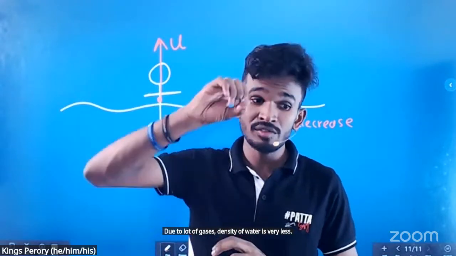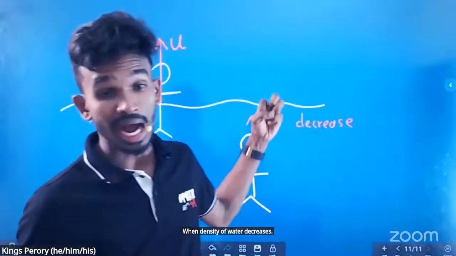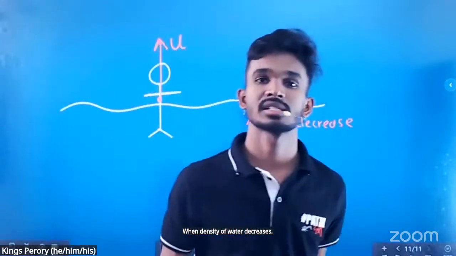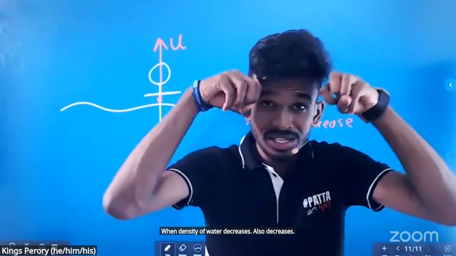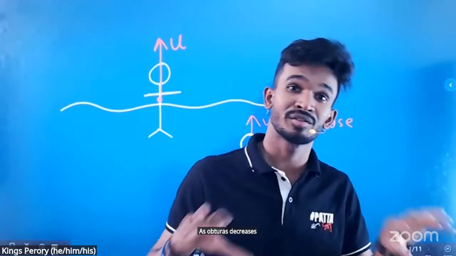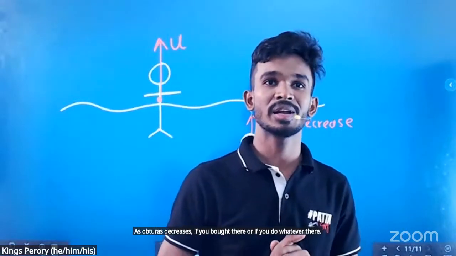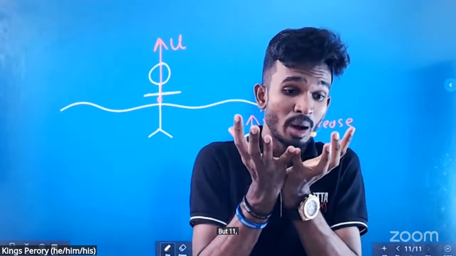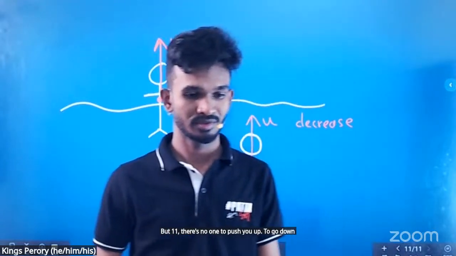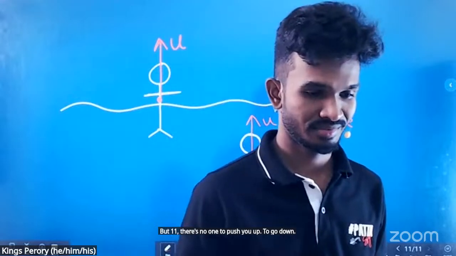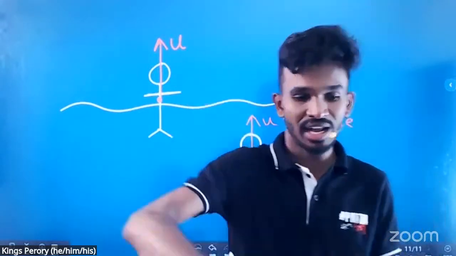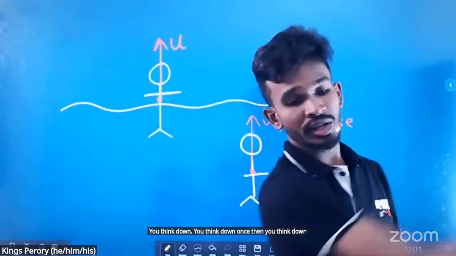When density of water decreases, upthrust also decreases. As upthrust decreases, if you bathe there, what will happen? There's no one to push you up. You sink down with the speed of the water, you get drowned.